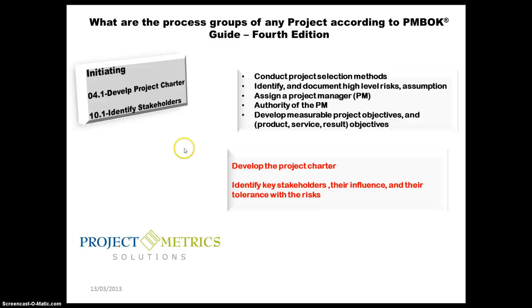When you conduct the project selection methods, you're doing this to evaluate the feasibility of new products, services, or results. You identify and document the high-level risk, assumptions, and constraints using historical data and expert judgment, and then in this initiating phase, you will assign a project manager.